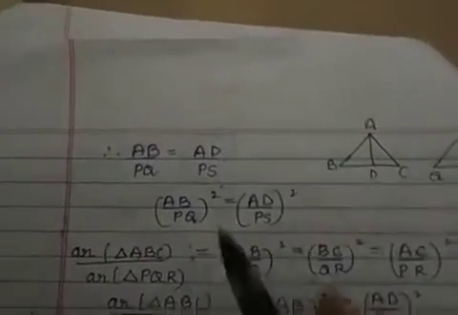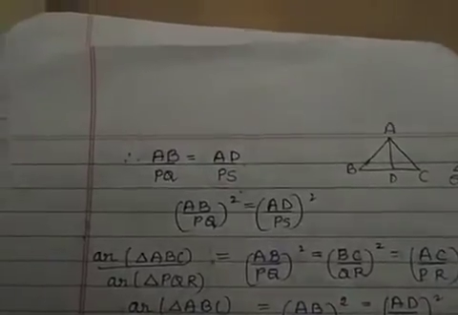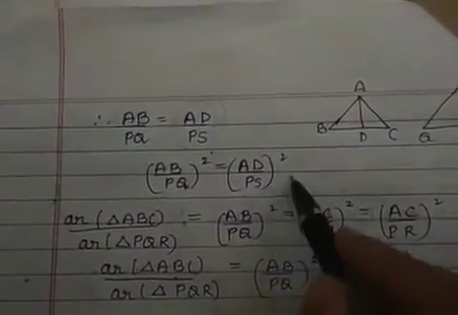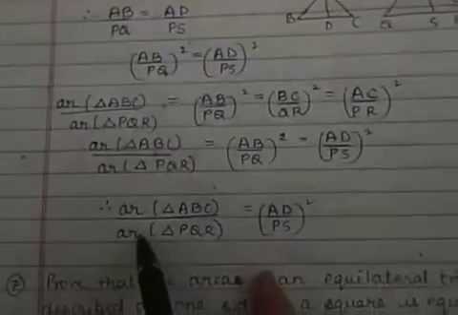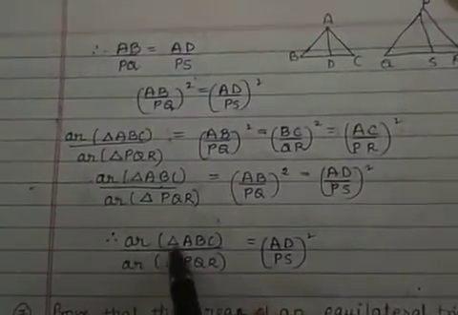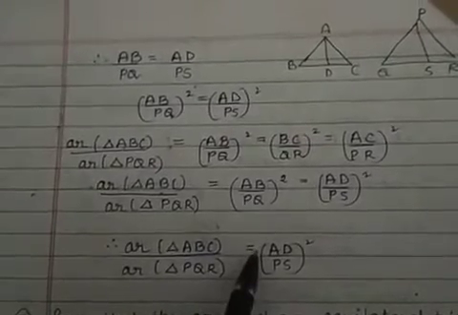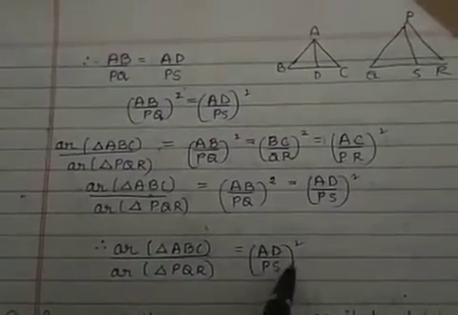Now from this we know that AB upon PQ the whole square is AD upon PS the whole square, correct? So we can conclude that the area of triangle ABC upon the area of triangle PQR will be equal to AD upon PS the whole square.